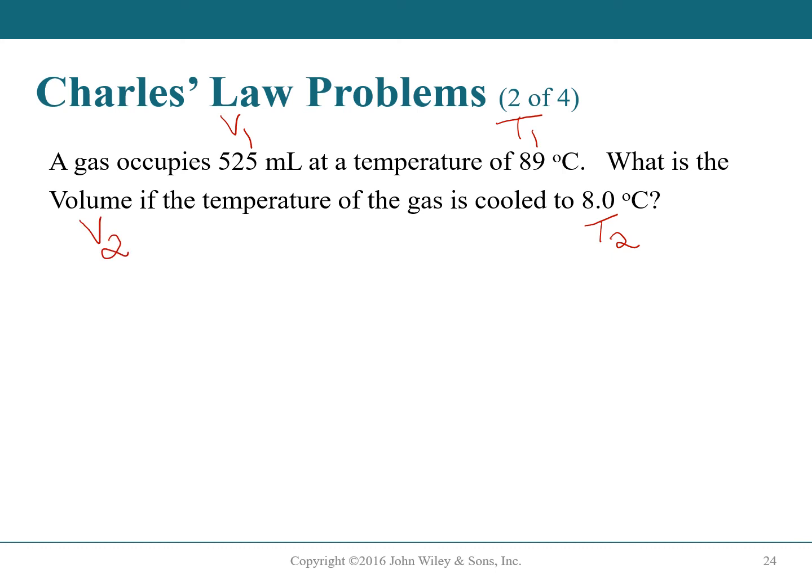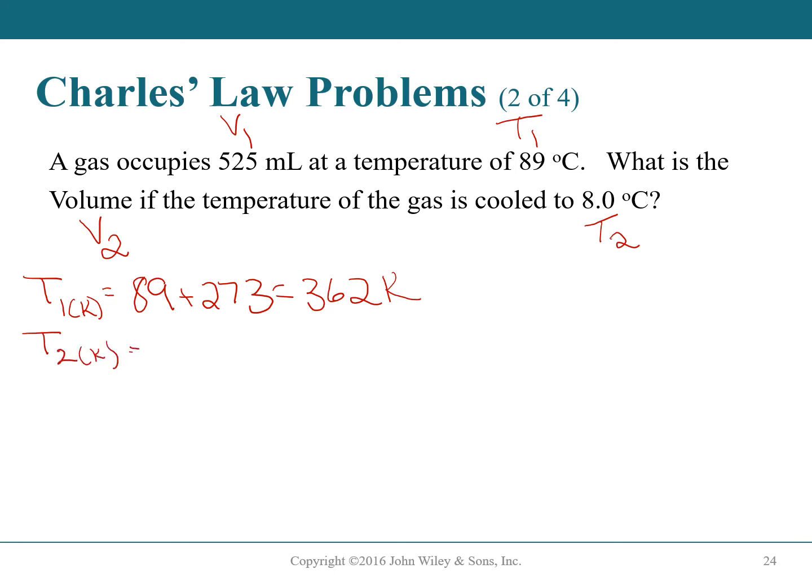So we're going to have to convert our temperatures into Kelvin, which is, you add 273. Okay, so 273 plus 89, we get 362 Kelvin. And T2 we want in Kelvin equal to 8 plus 273.